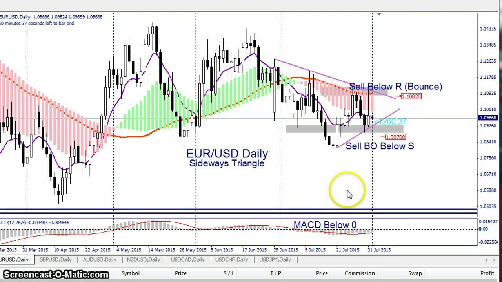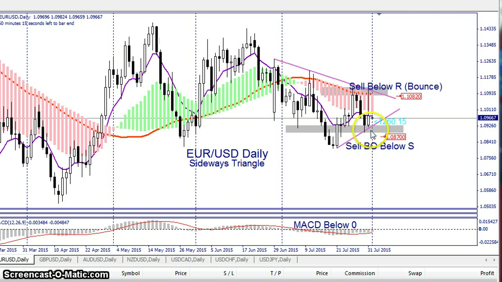First of all, what we want to do is look at the overall trend direction, and we can get a clue by looking below at the MACD. Here we see the MACD is below 0, so the longer term trend is below 0, which means we are trending down.